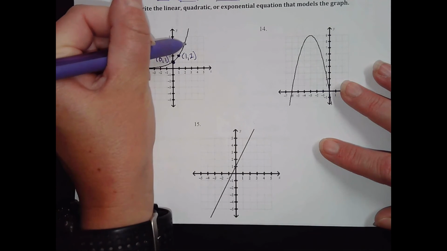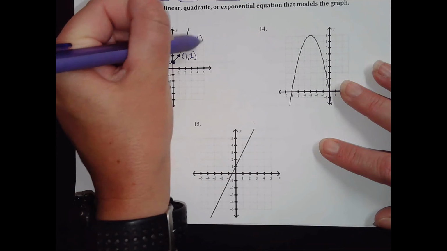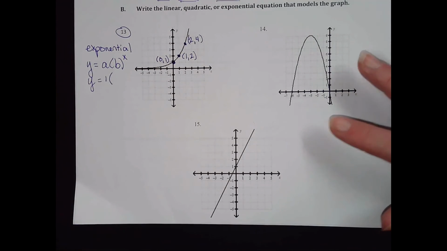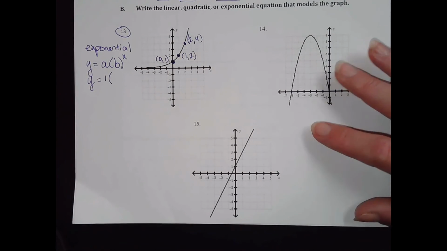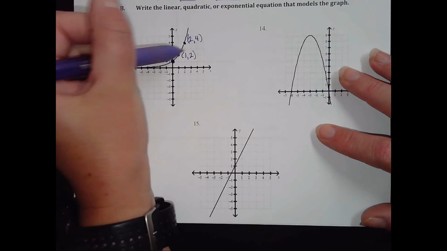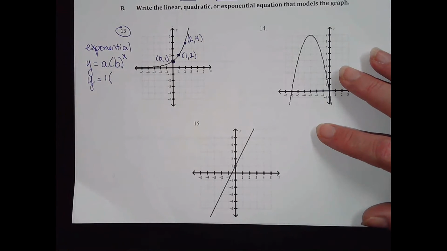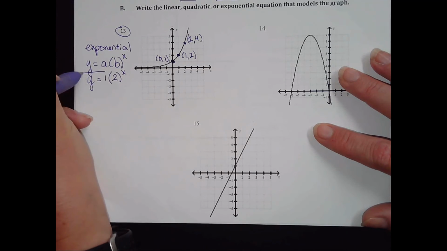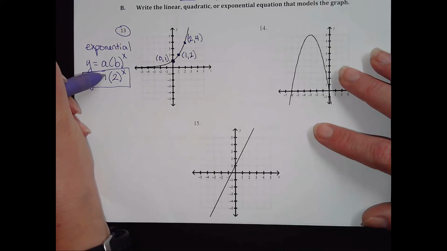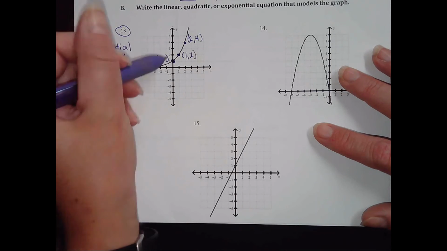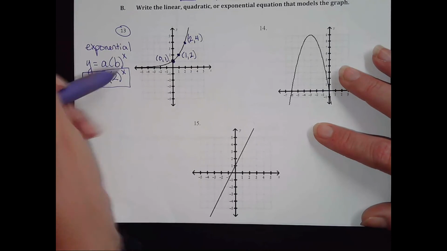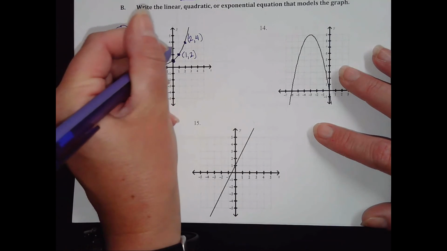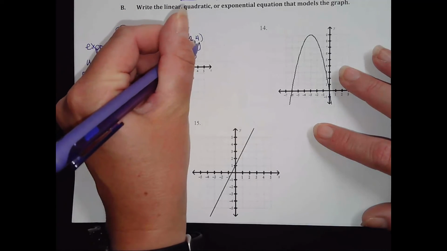And this point is 2, 4. When you're trying to figure out the pattern, you take a look at the y values. If you go from 1 to 2 to 4, what is the pattern? Multiplying by 2. So that's why it's 1 times 2 to the x. Initial, 1 is the y-intercept right here. 2 is the pattern to get from 1 to 2 to 4.